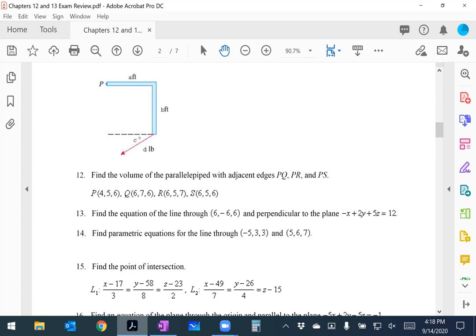With edges of these here, P, Q, R, and S. Notice that P is the central point in this.